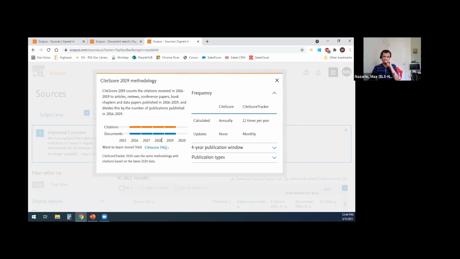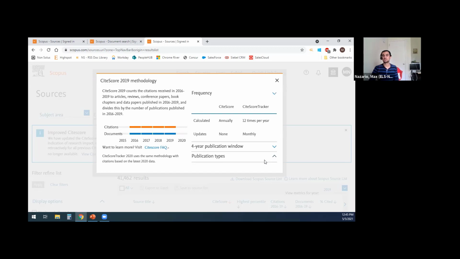So journal impact factor, if I remember correctly, would essentially be looking at the documents that were published in, I believe, the last 3 years, so in this case looking at 2016 through 2018, and comparing those documents to the number of citations in 2019.